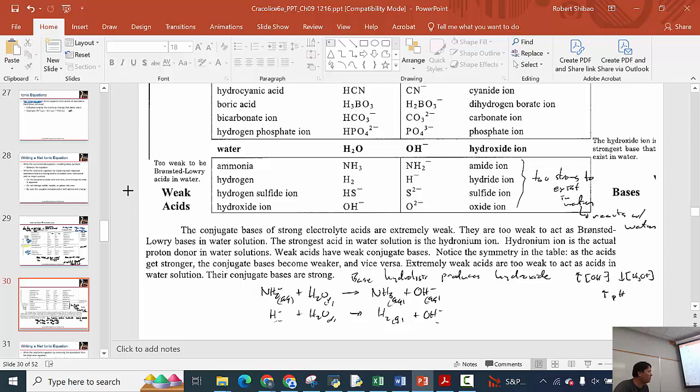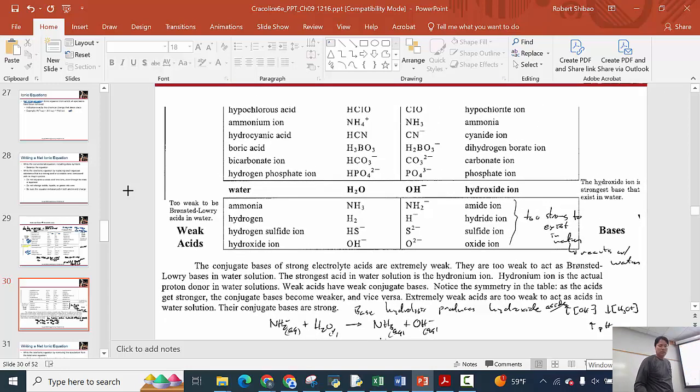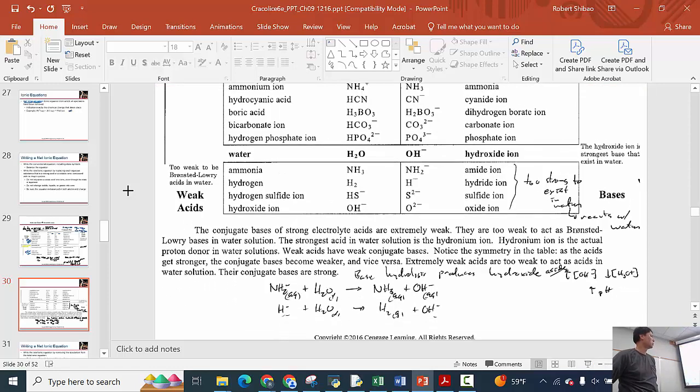As a result, you don't have to learn this yet. This is just a side. This isn't going to be on the test yet. This will be on the test after we talk about pH.